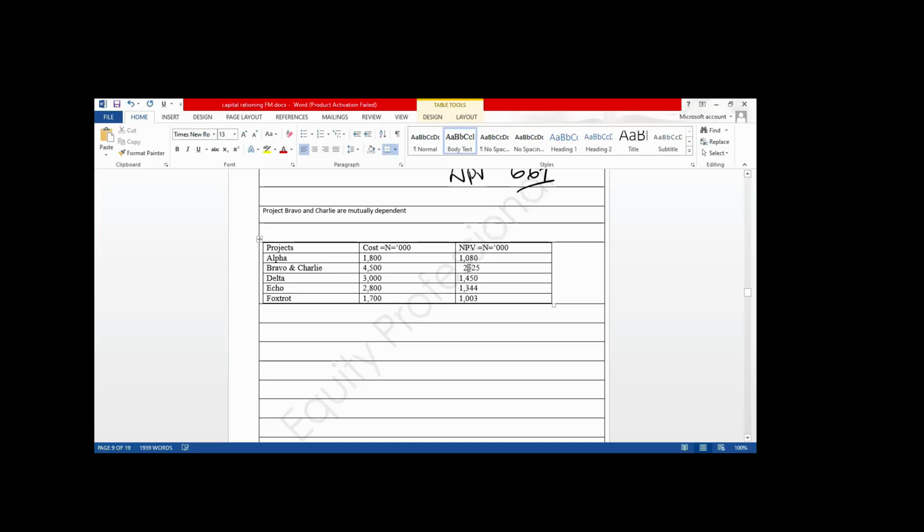The combined NPV, 900 plus 1,625, 2,525. Let's move this more.